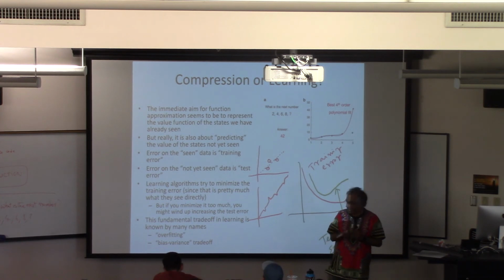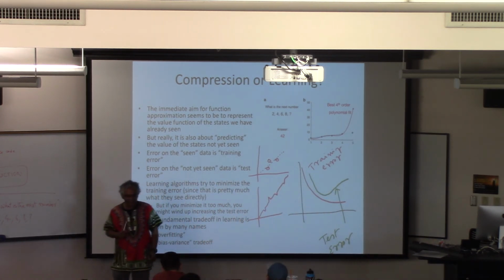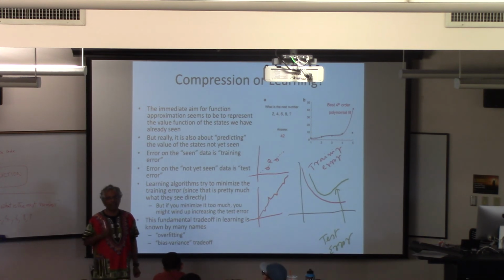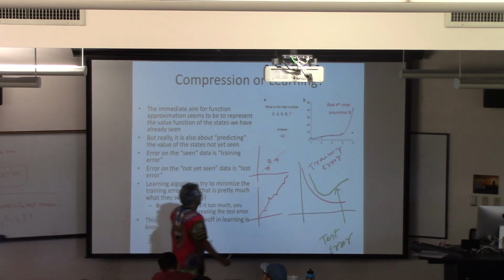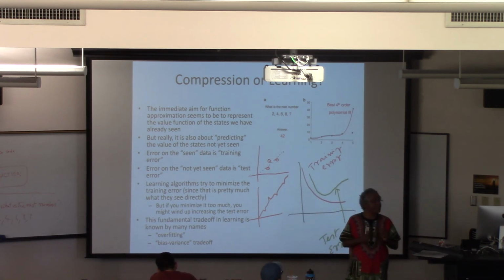But in general, when you are thinking about generalization, you have to understand that generalization has both the idea of compression and the idea of predicting unseen examples. And it is very important not to get stuck in only compressing the training examples.